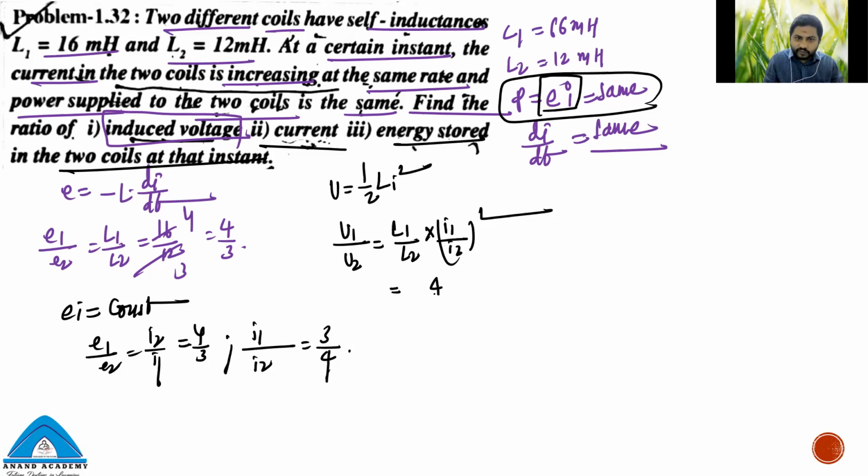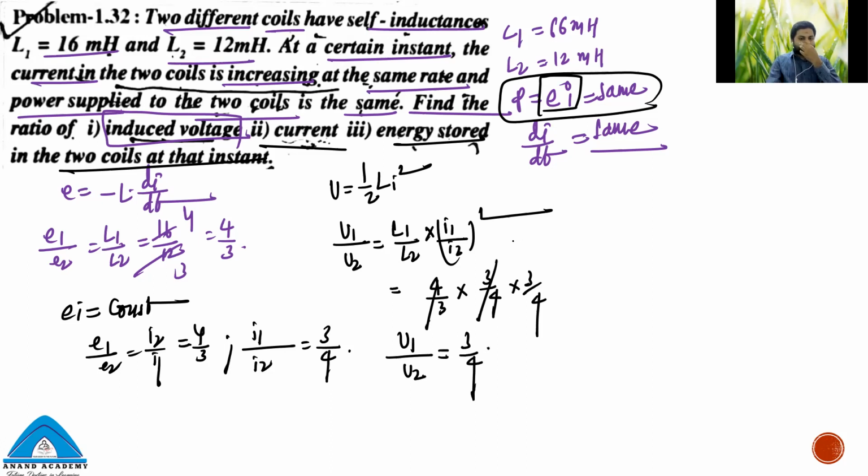L1 by L2 is 4 by 3 into I1 by I2 is 3 by 4 whole square. 3 by 4 into 3 by 4, right? Because 4 by 3 and 3 by 4 cancel, the energy stored in the two coils will be 3 by 4. Students, okay, clear?